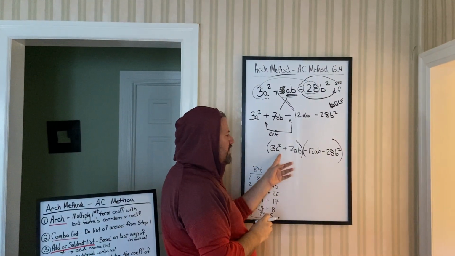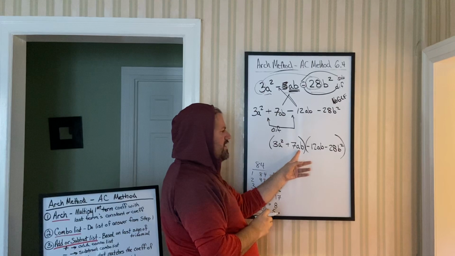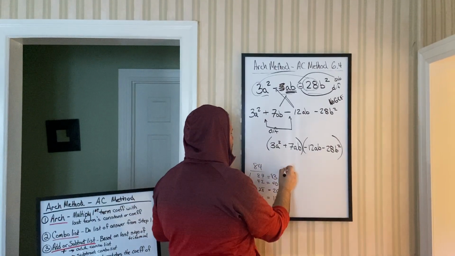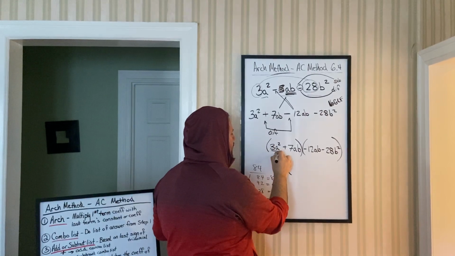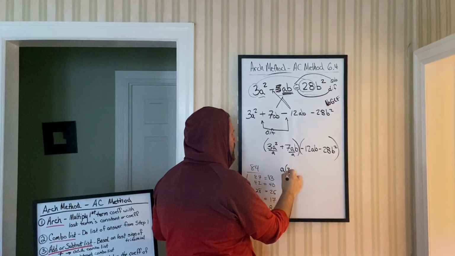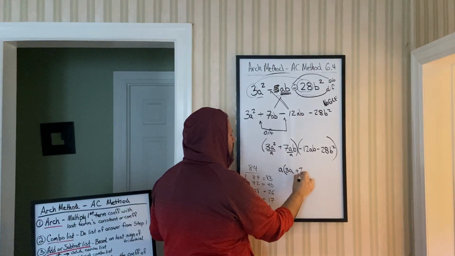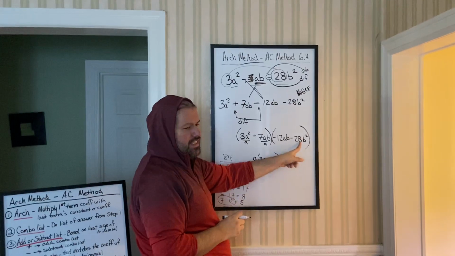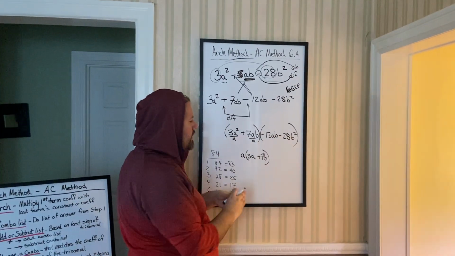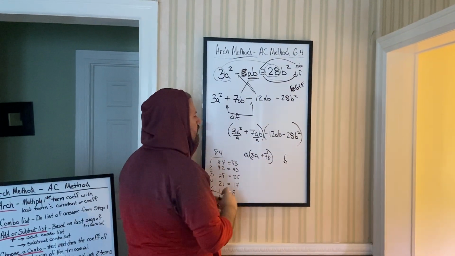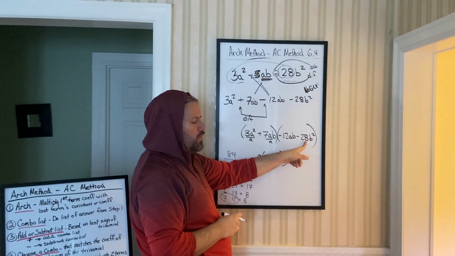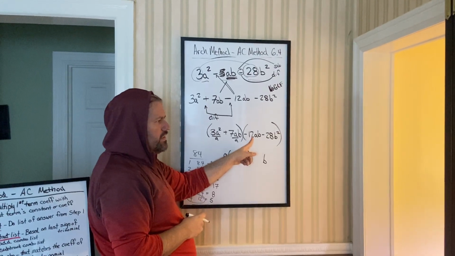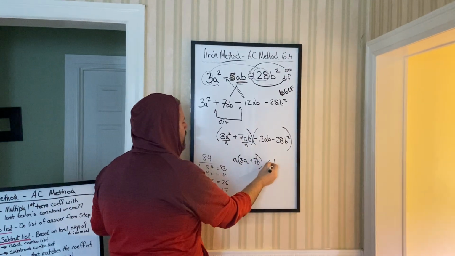In the first set of parentheses, there is a GCF, it's just the letter A. So when you take out an A out of each term, you're going to be left with 3A plus 7B. In this, we got a lot of things. Not only do we have a B that we can take out, but we can take out a number. Remember, 28 is 2 times 7, 12 is 2 times 3, so they both can take out a 4.